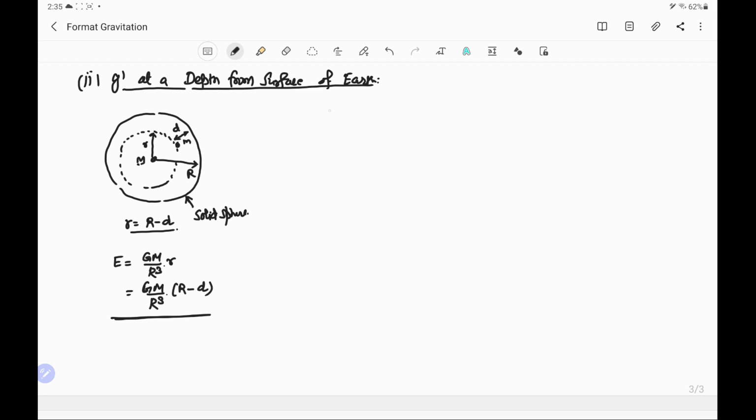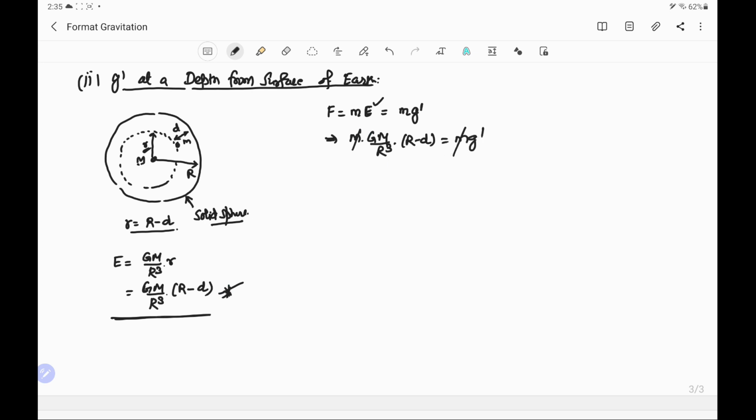So the gravitational force will be F, equal to the mass of the body on which the force is applied times the gravitational field at the point where mass m is placed, and this is equal to the weight of the body at that point. This implies m times the gravitational field created by the earth as a solid sphere at the point where m is placed at distance r. It will be G M by R cube into (R minus d), and it is equal to m g dash.